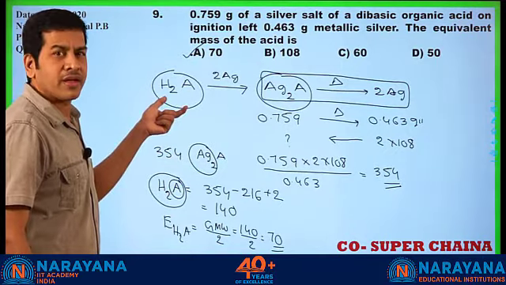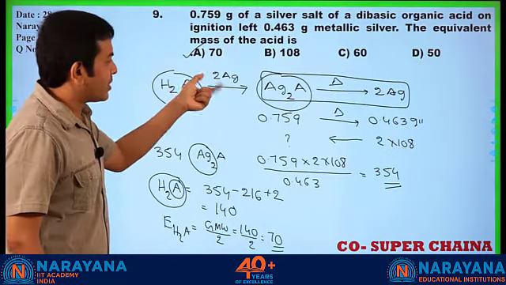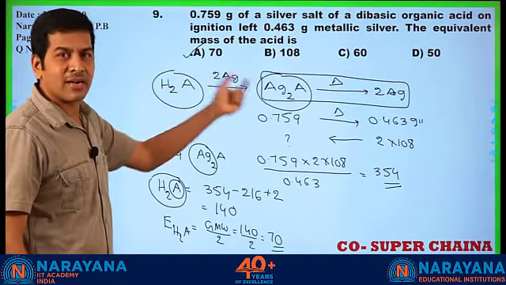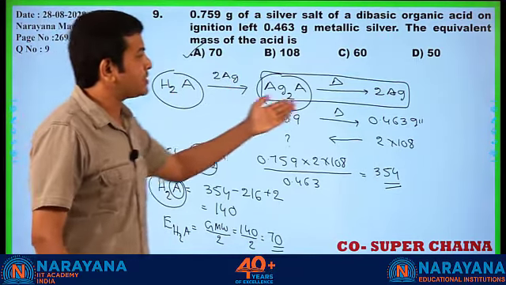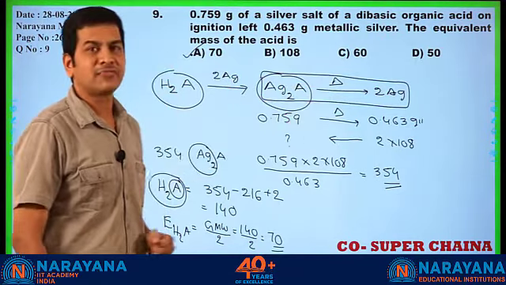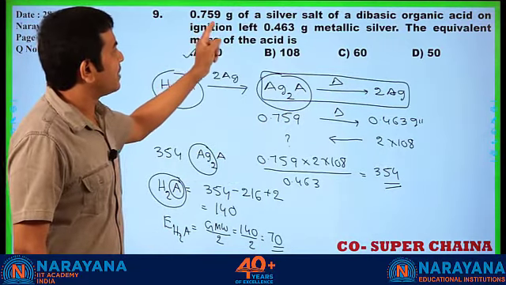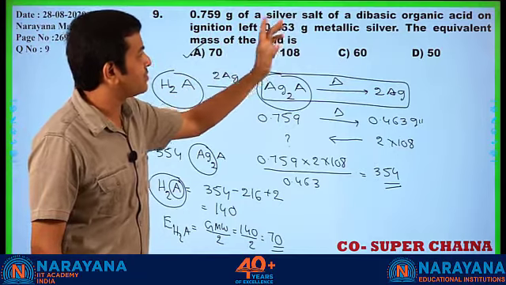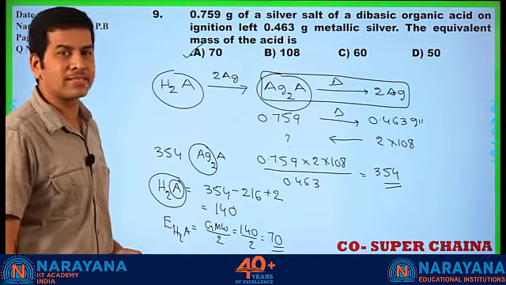Once again, first the dibasic acid is treated with Ag, then the silver salt of the dibasic acid is formed, which on decomposition gives Ag. What is the given data? 0.759 grams of silver salt of the organic dibasic acid, on ignition, leaves 0.463 grams of metallic silver.